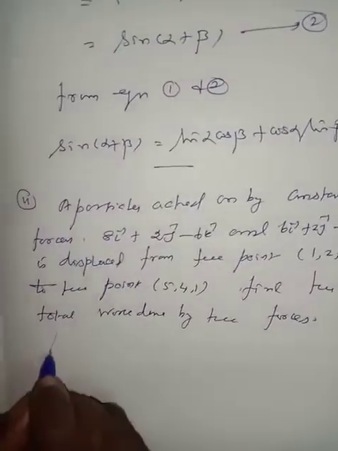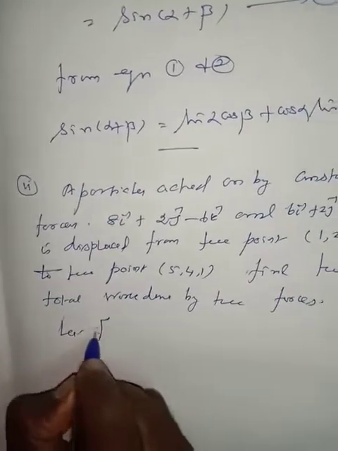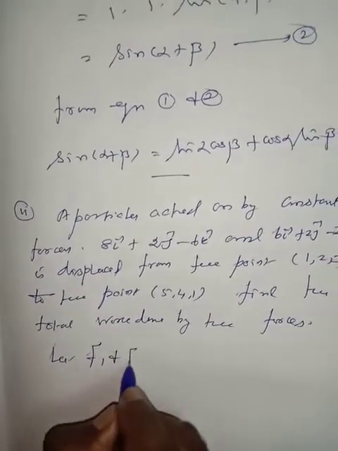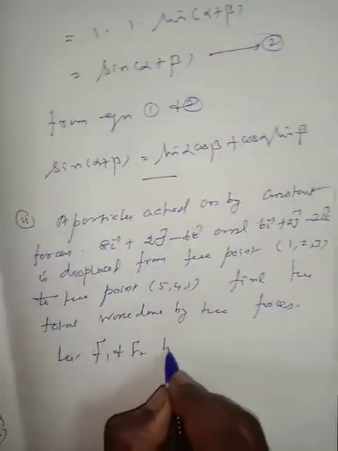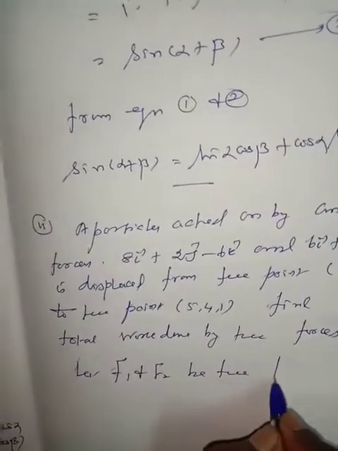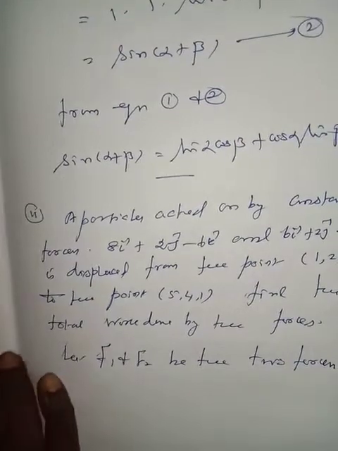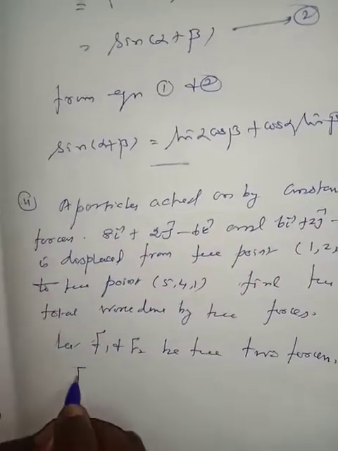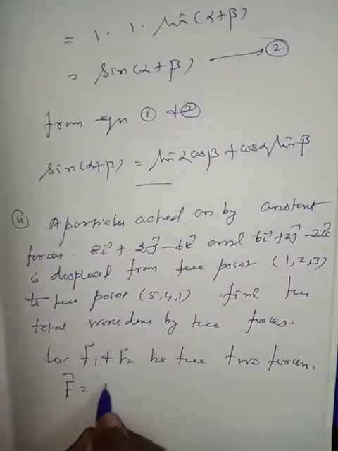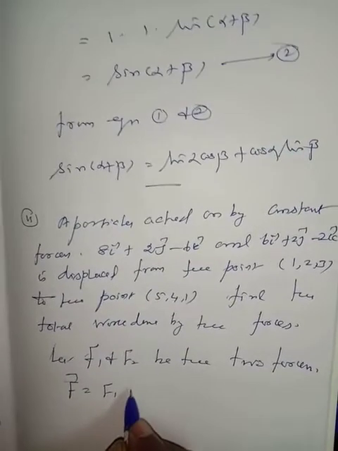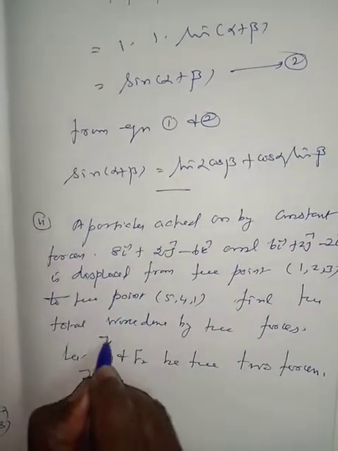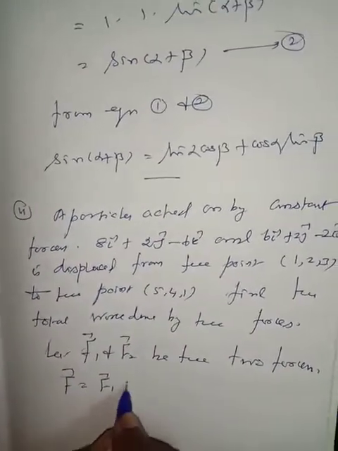Let capital F1 and capital F2 be the two forces. The resultant force F vector is equal to F1 vector plus F2 vector.